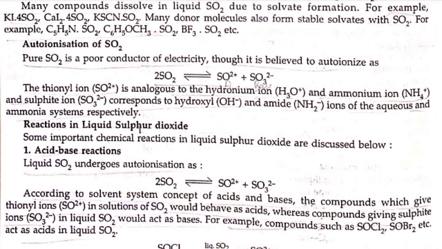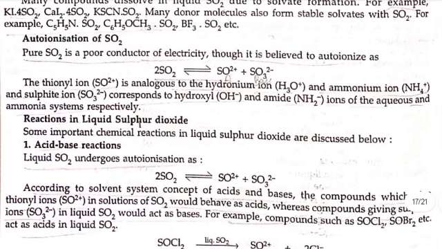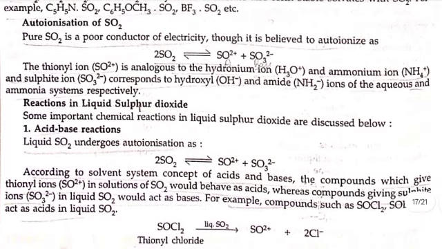For example, KI.4SO2, CaI2.4SO2. Many donor molecules also form stable solvates with SO2. For example, C5H5N.SO2, C6H5OCH3.SO2, BF3.SO2, etc. Autoionization of SO2.